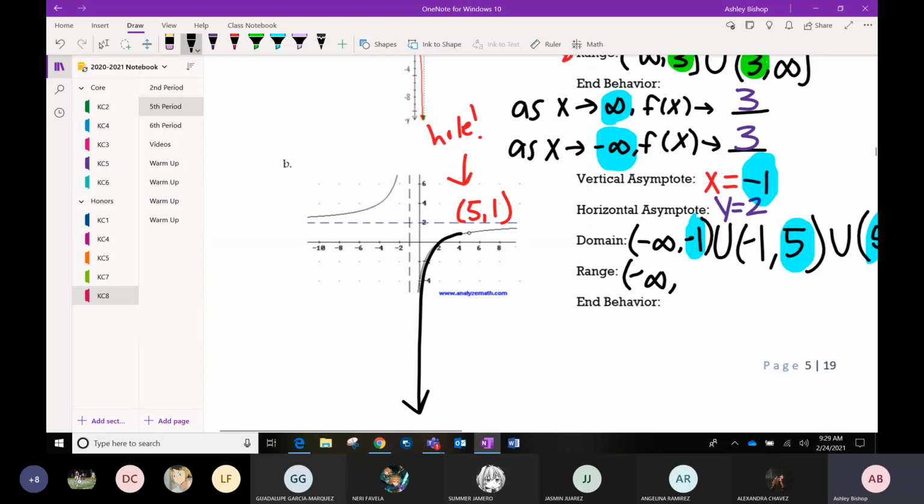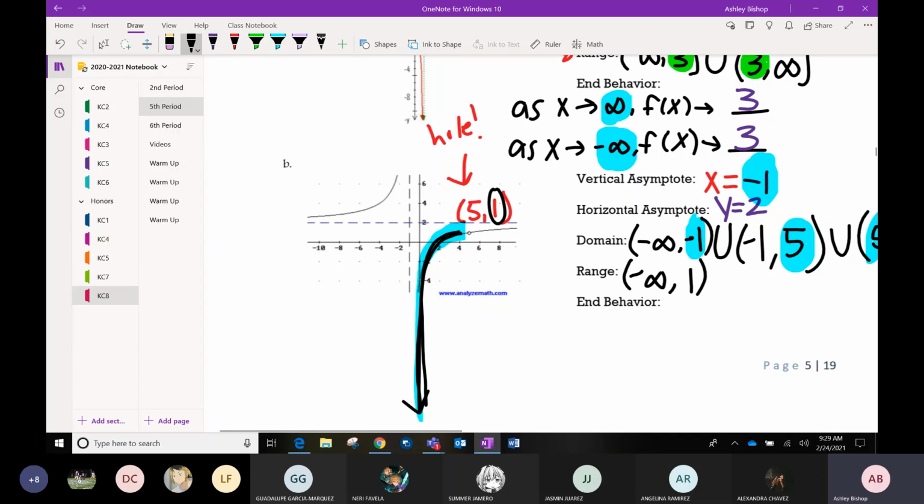So I'm going, the lowest point is from negative infinity, and then again, you can't ignore that hole. So at a y value of 1, this hole has a y value of 1, there's a jump. So my range, how far low and how far high my graph goes, there's a jump at 1.